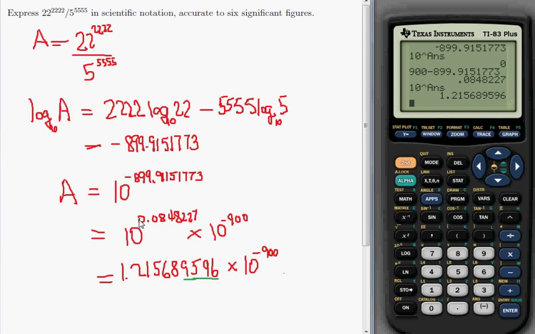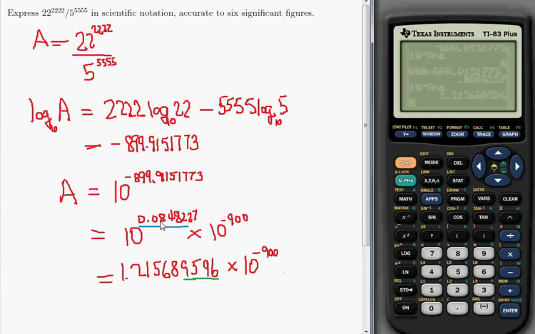The idea is that the number that I'm underlining in blue must be between 0 and 1, so that 10 to that must be between 1 and 10. Because this was negative 899, I went down to negative 900, so that I'd have a positive number that's been underlined in blue here. So that's just a quick comment about how to do a problem like this.